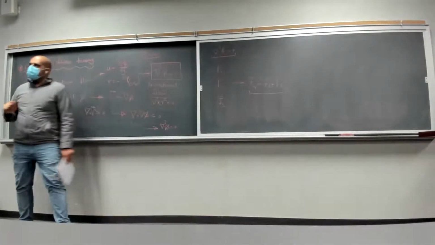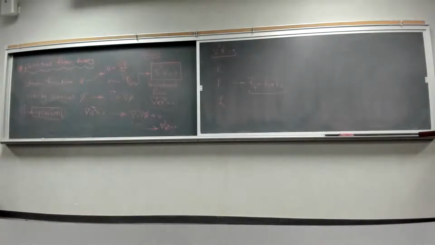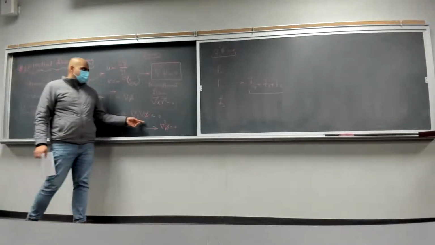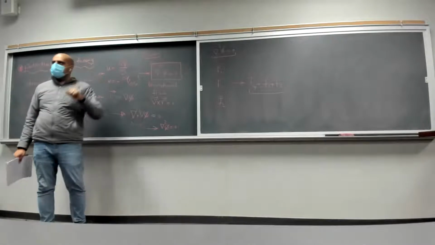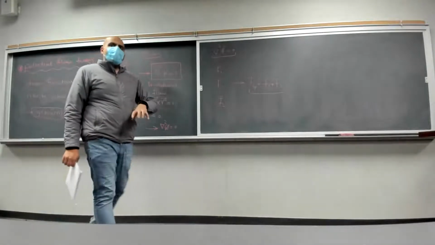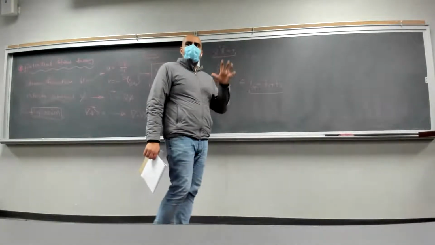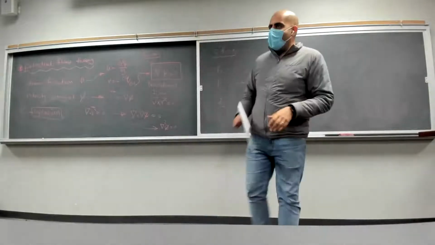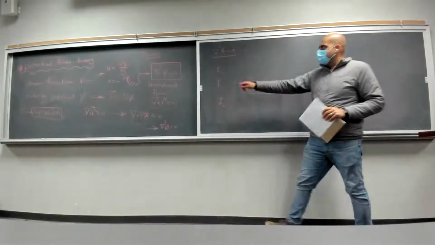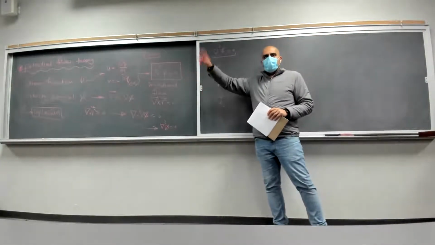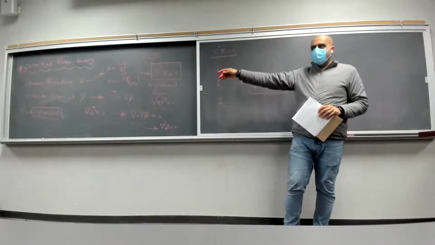What does this mean? If we have very elementary flows for which we can find the velocity potential phi and the stream function psi, then we can create more complex flows by just adding the stream function for one flow plus another flow.